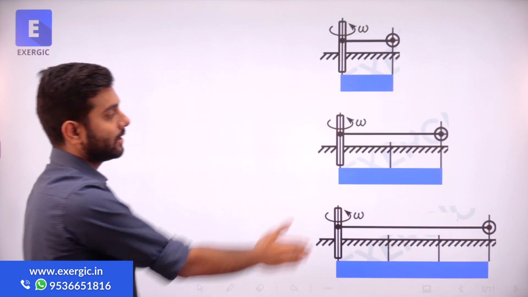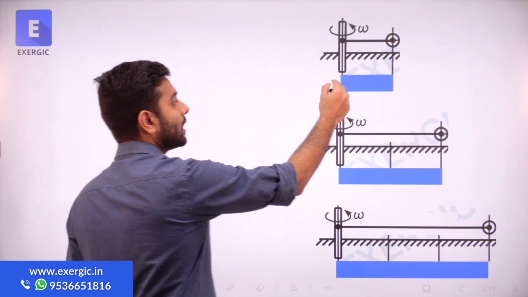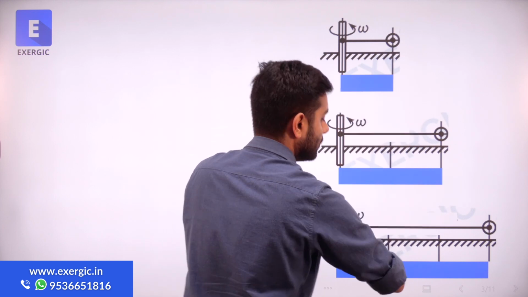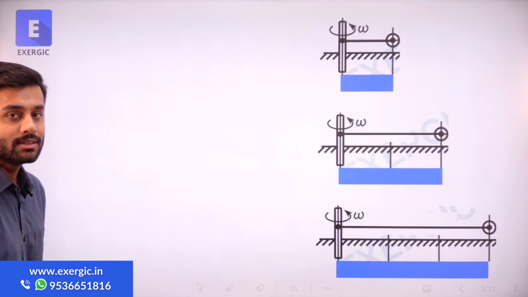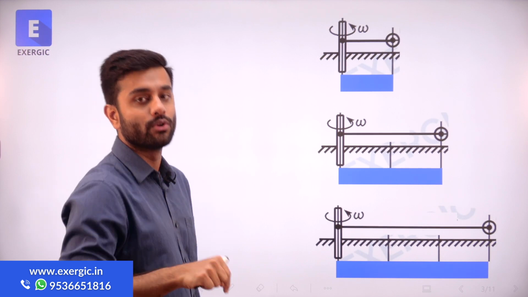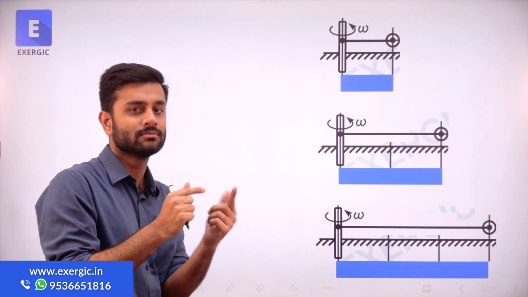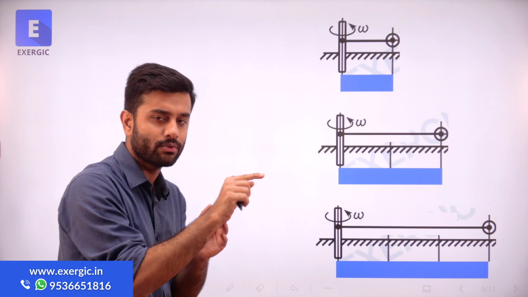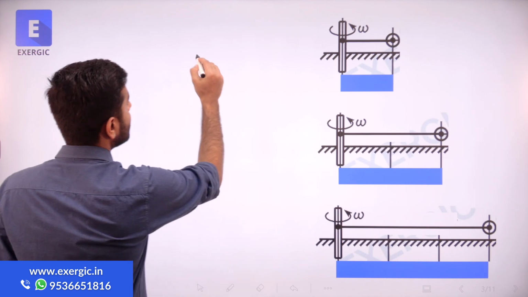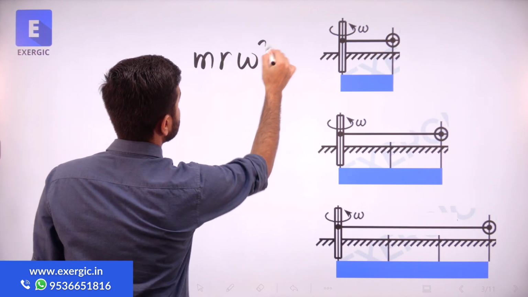And what is this strip of blue color representing? This is representing the centrifugal force, which is the axial force here. Centrifugal force is the same as axial force, as I just explained. That is m r omega square.